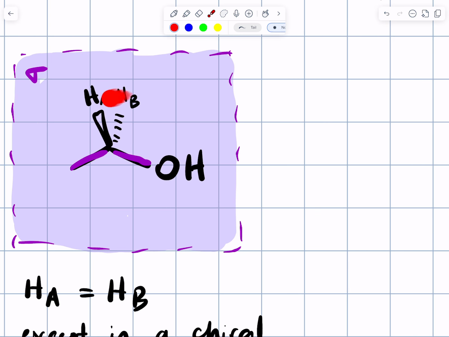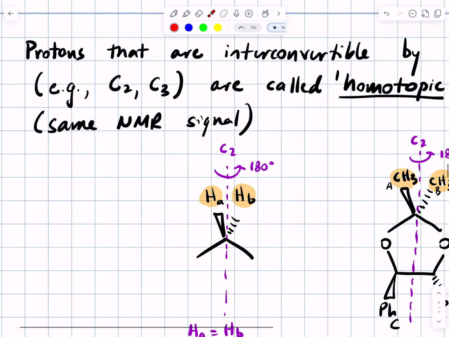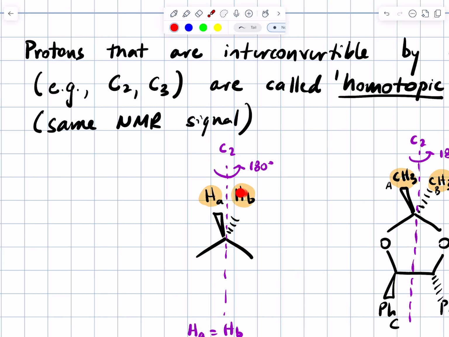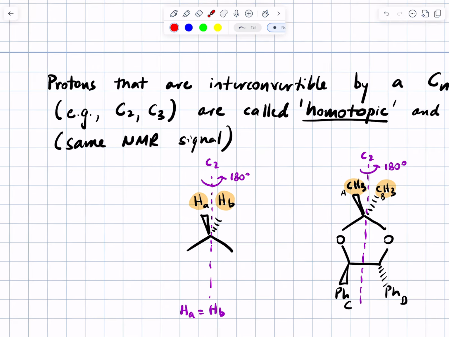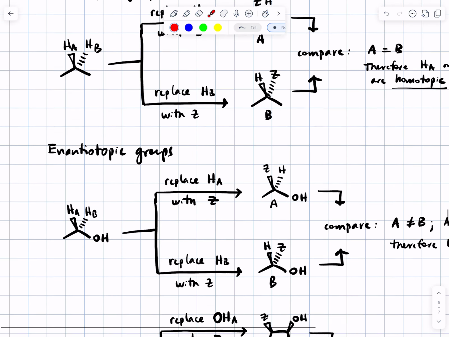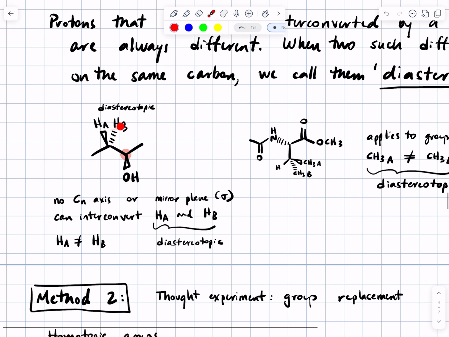So those two are identical to each other. And these homotopic protons in propane are identical to each other. But these diastereotopic protons in this chiral molecule are distinct and different from each other.